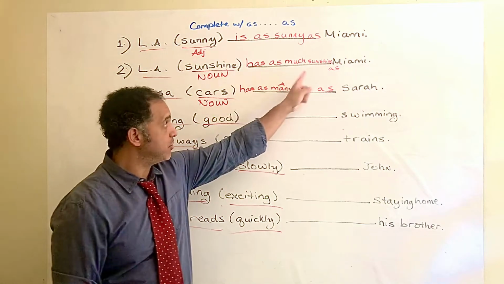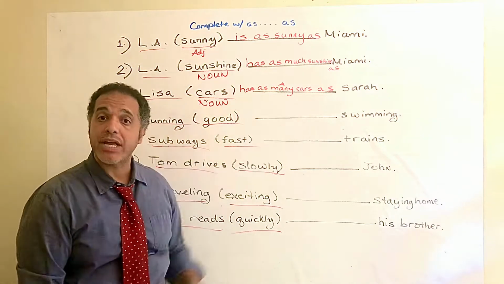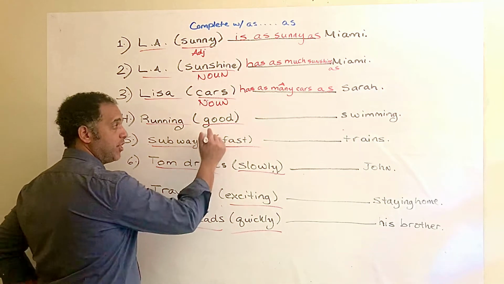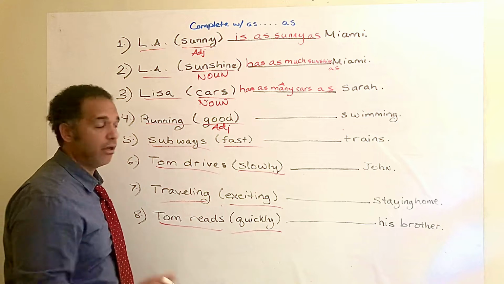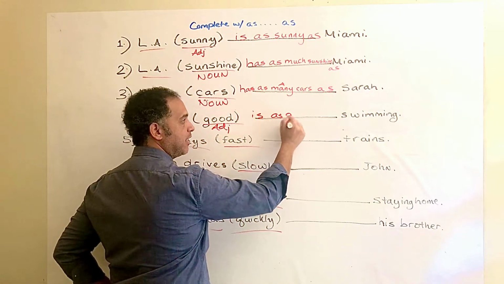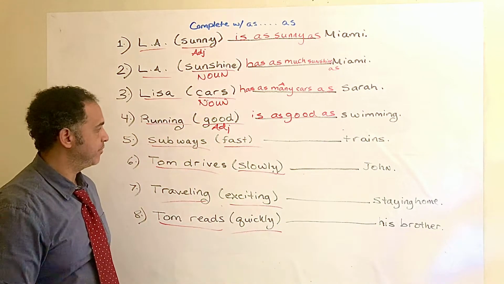If it is not countable, say much. If it is countable, say many. But again, I'm saying that they are equal. Good is an adjective. Running. Running is as good as swimming.